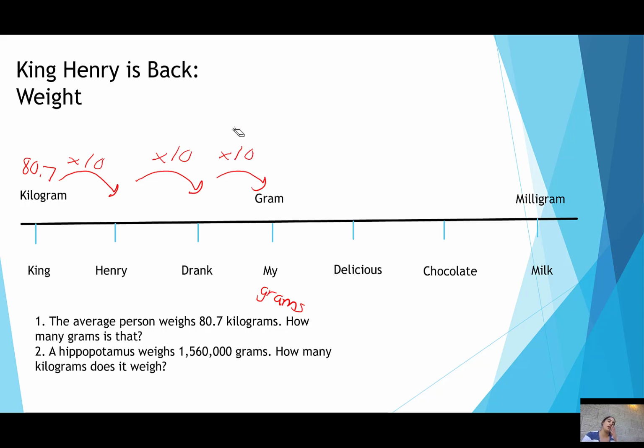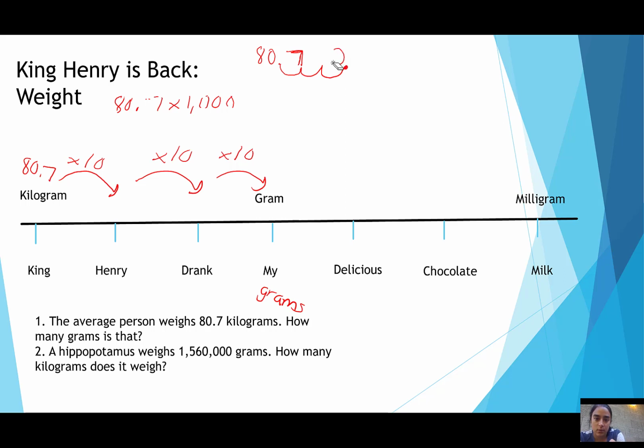So I could do a couple of things. We're going to use place value. If I'm multiplying by 1,000, 80.7 times 1,000, I'm going 3 place values down from the decimal. So let's try it. 1, 2, 3.